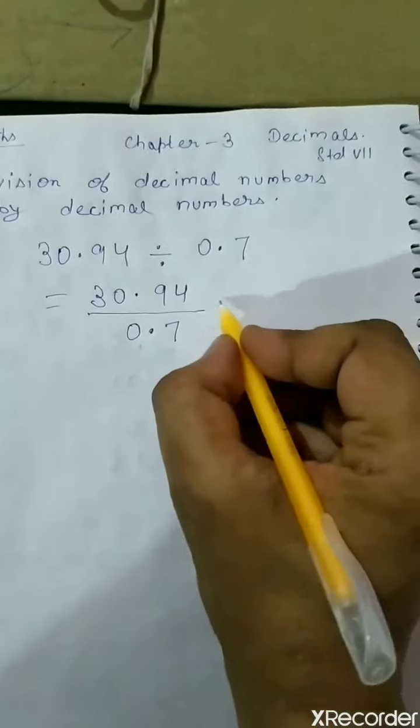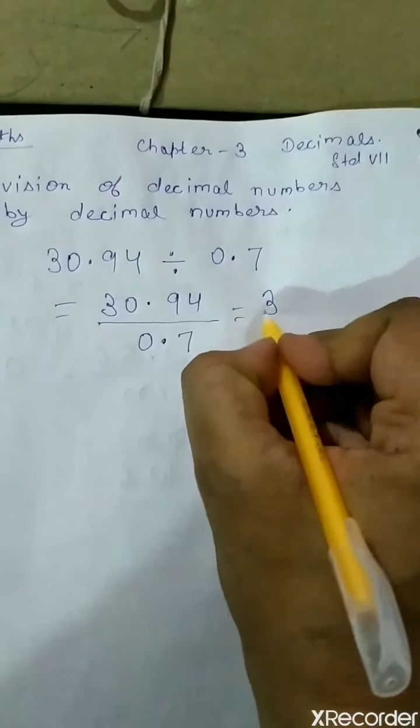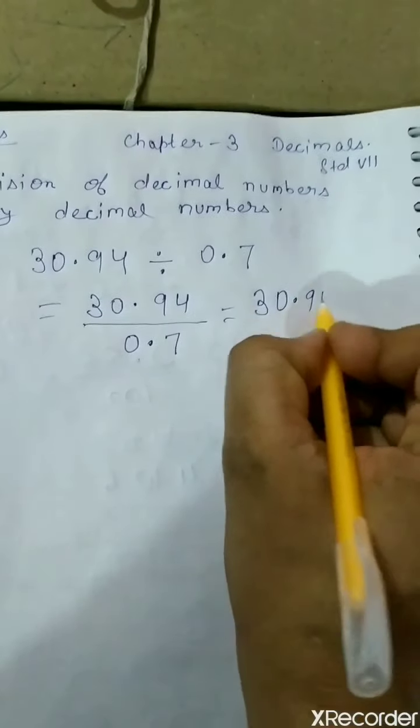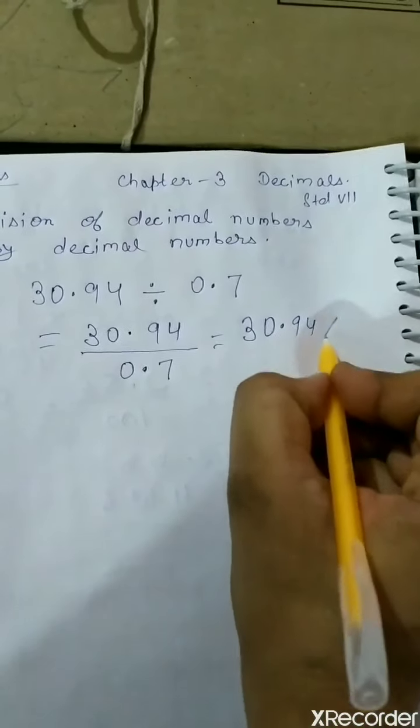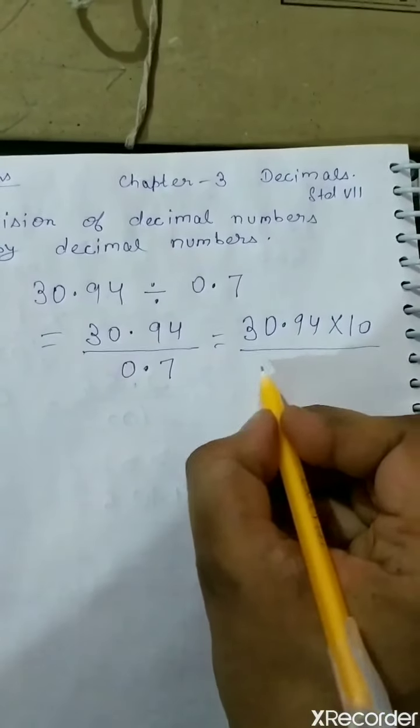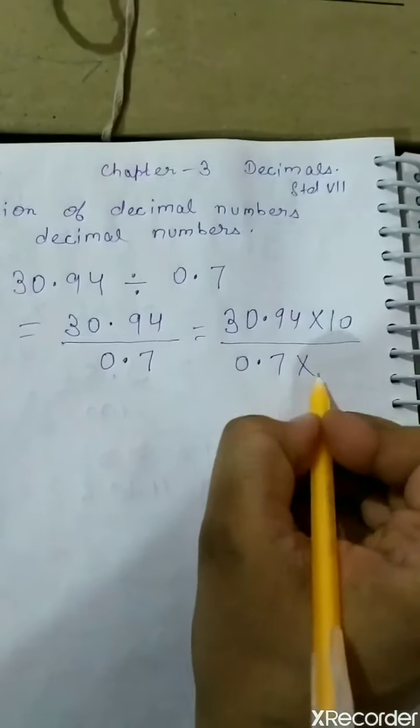So this you can write now. It is 30.94 into 10, and downside, the denominator also, 0.7 into 10.